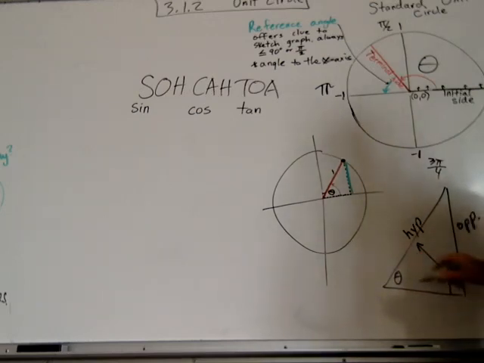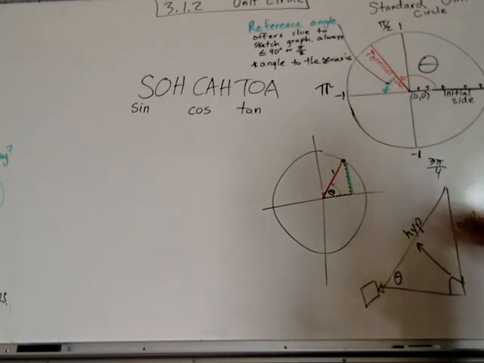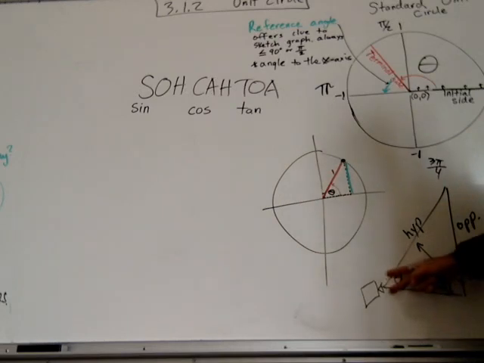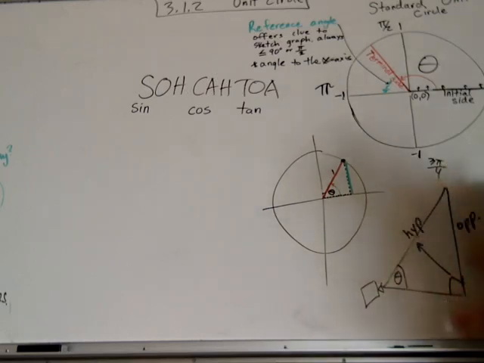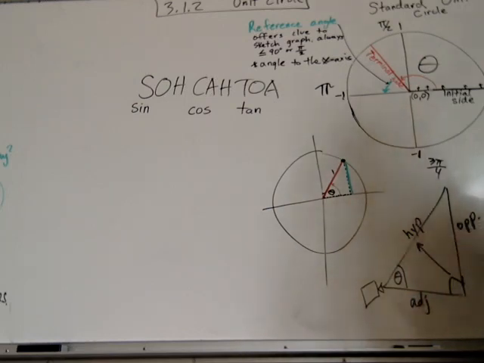You might think of a projector in a movie theater. It projects straight forward, so it projects on the opposite wall of the movie theater. Adjacent just means next to, so this is our adjacent. But always figure out the hypotenuse, then the opposite in relation to the theta, and then your adjacent.